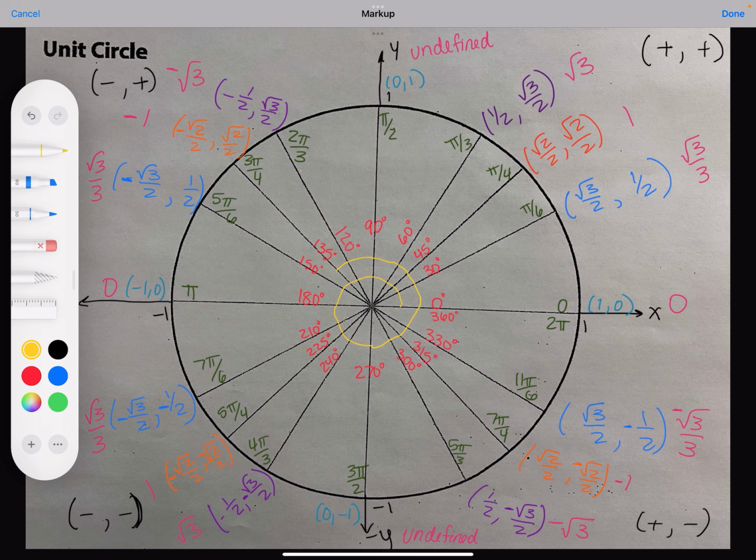So you just keep counting around every time you hit one of those increments. So it's not awful, and if it's negative, then you're going the other direction.